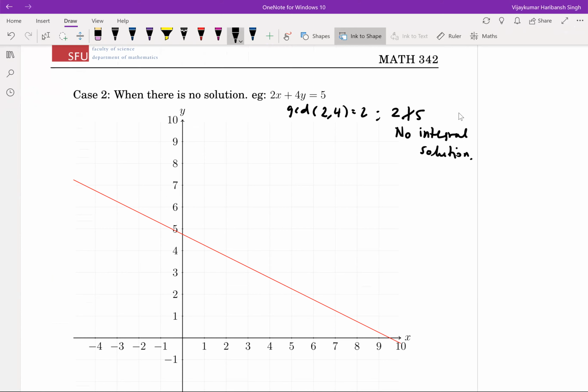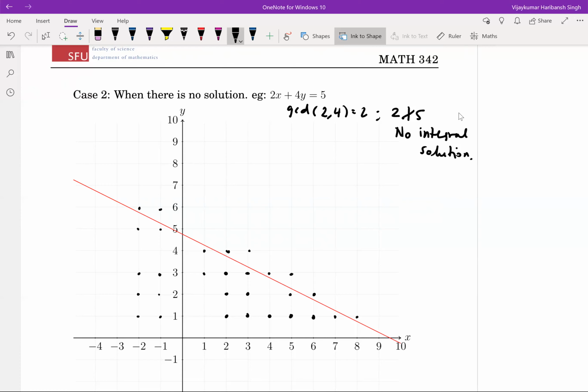Now, what does it mean geometrically? What are the possible integral solutions to any linear Diophantine equation? The solutions will be lying here, at the points where x and y both are integers. These are the so-called lattice points. Now, the graph of the equation 2x plus 4y equals 5 misses the lattice points.